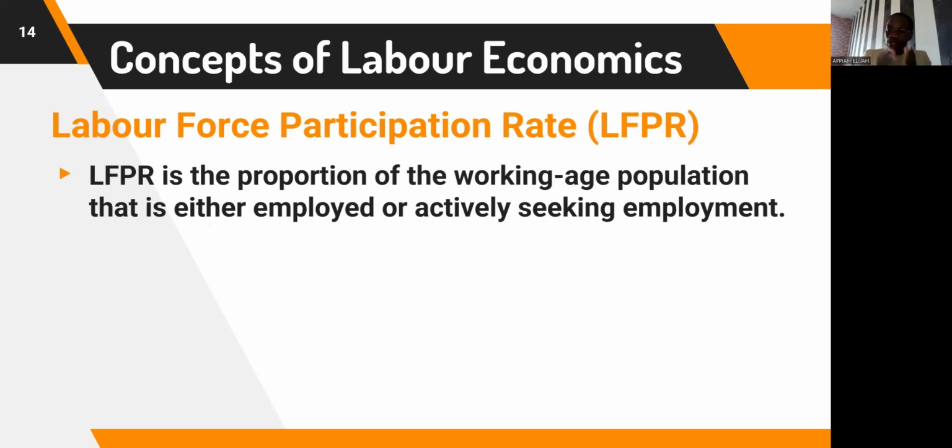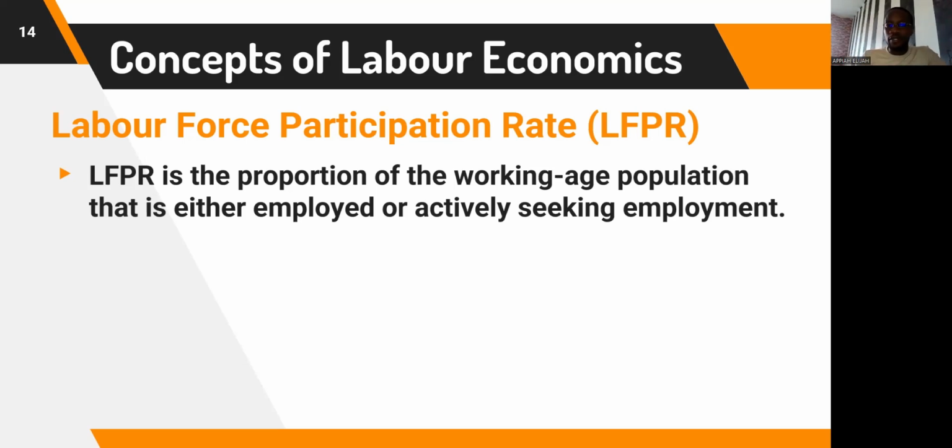When you have those employed and unemployed, you add them, and you have the labor force. So when you divide the labor force by the working age population, the entire population, we have the labor force participation rate. We are looking at the proportion of the population that is employed or unemployed.